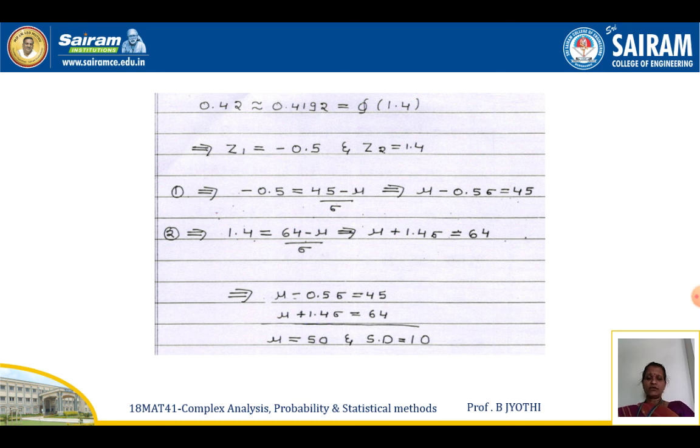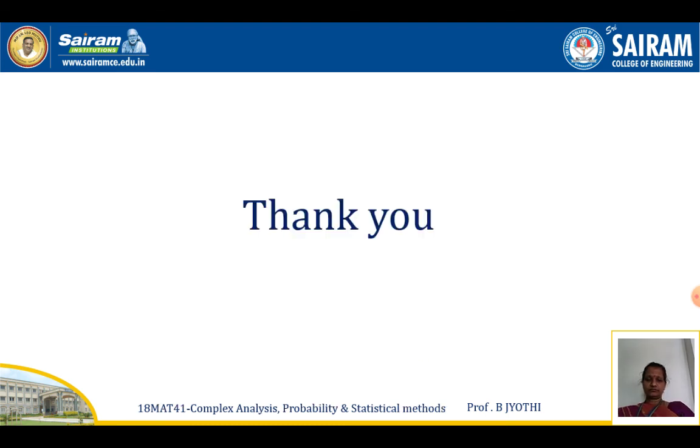We are getting two equations. This is one equation we got, another one is that, and we can solve these two simultaneous equations for mu and sigma. So we get a value of mu as 50, sigma as 10. Thank you.